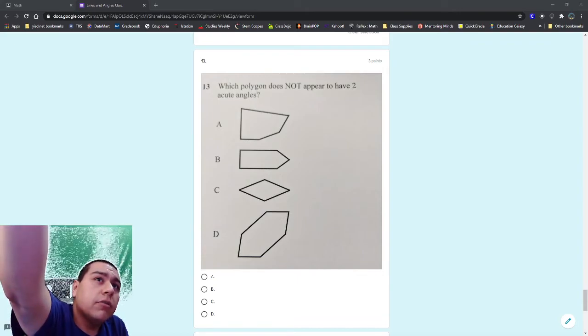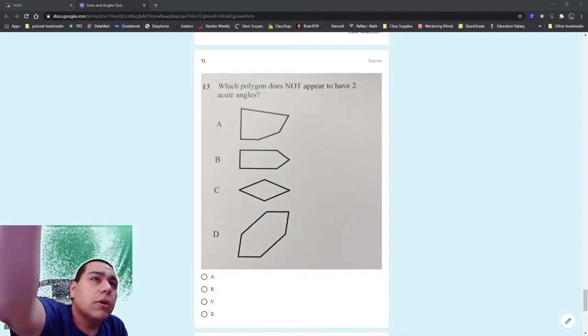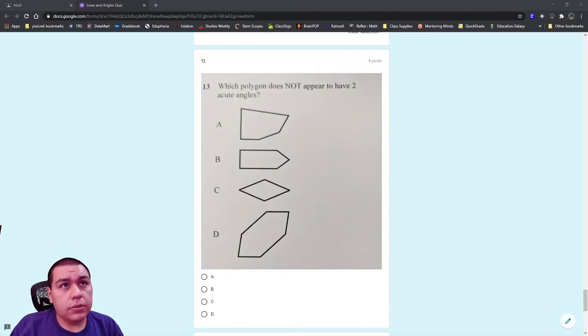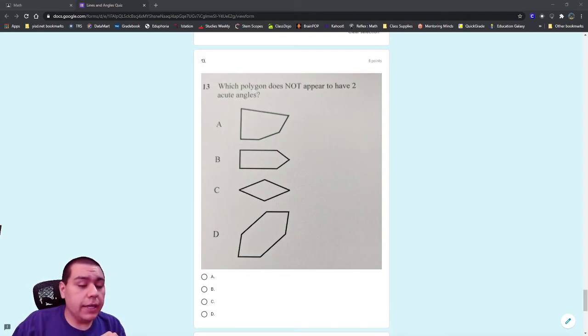And if I check my other angles, I have an obtuse, another obtuse, and a right angle. So figure A only has 2 acute angles. But the question says which one does not have 2 acute angles. Means I have to go on and check the other ones.